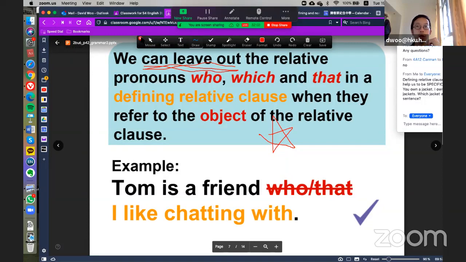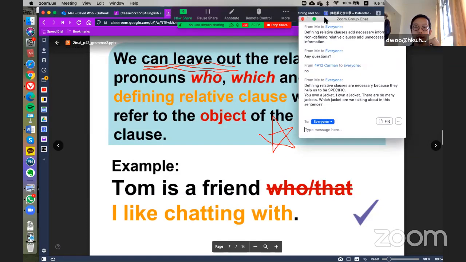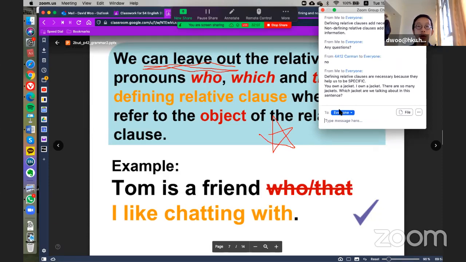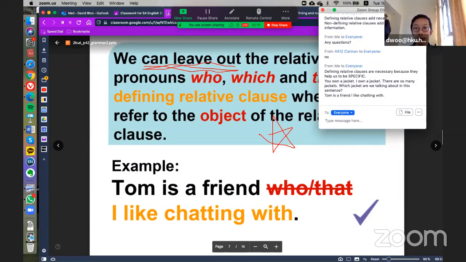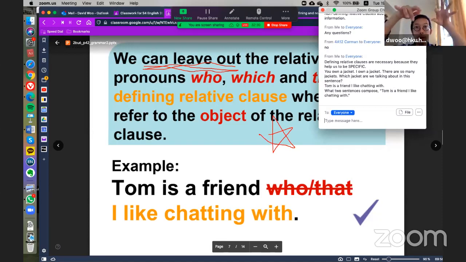Okay. So let's take a moment right now. What two sentences make up Tom is a friend I like chatting with? What two sentences compose Tom is a friend I like chatting with? Can you type, please? Please type your answer.